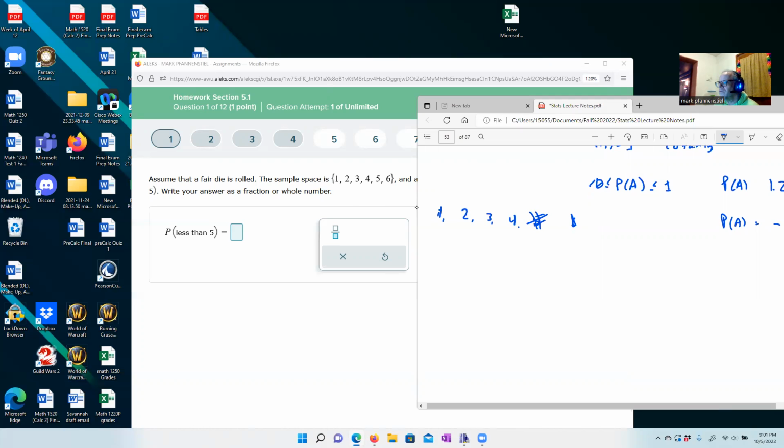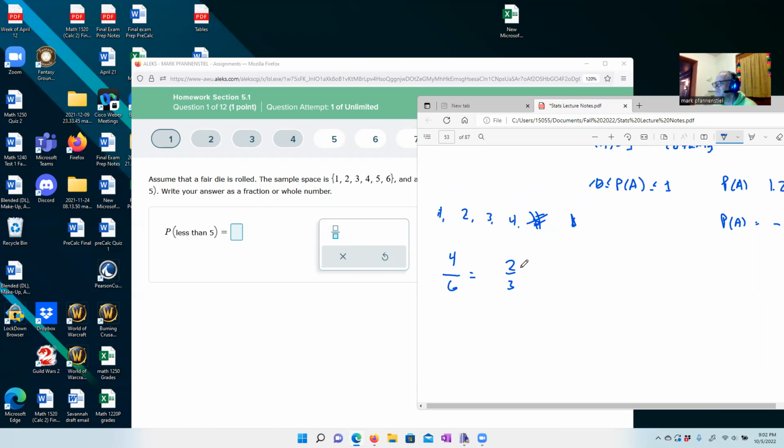So we have 4 things that could happen. Then, what's our sample space? There's a total of 6 things in the sample space. So the probability that something is less than 5 is 4/6.